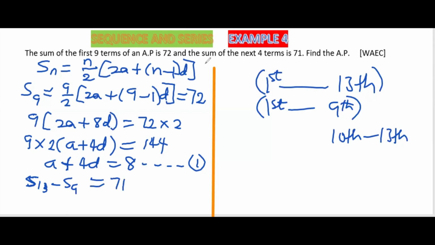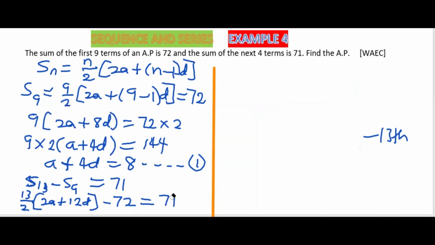And S13 is 13 over 2 into 2a plus 13 minus 1, which is 12d, then minus the 9th term sum. S9, we already know it. We are given that S9 is 72. So we simply say minus 72, equals to the sum of the 10th to 13th, which is 71.